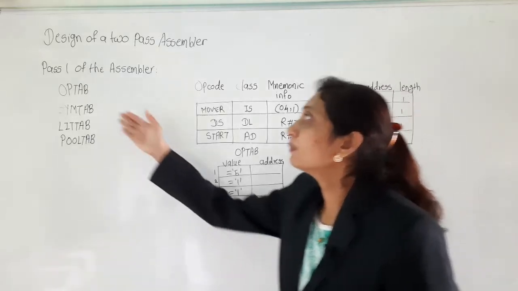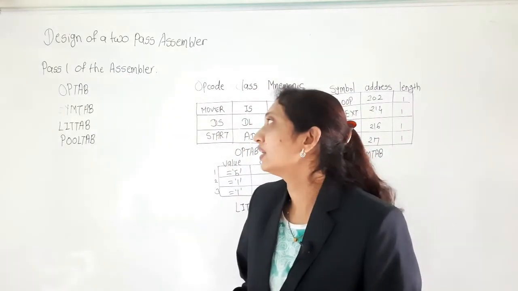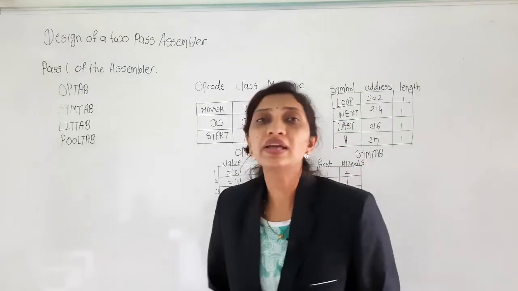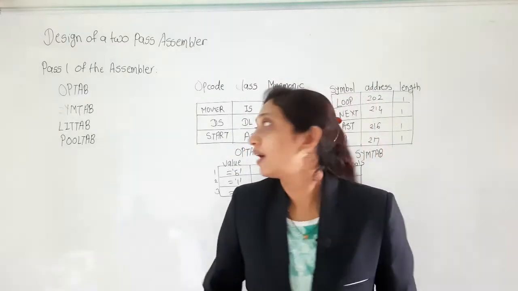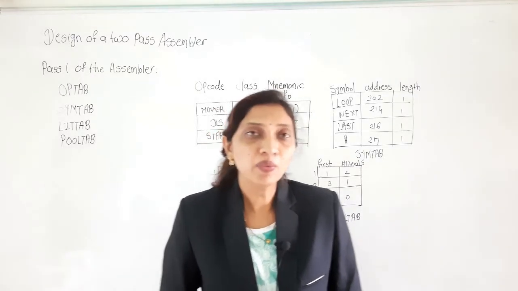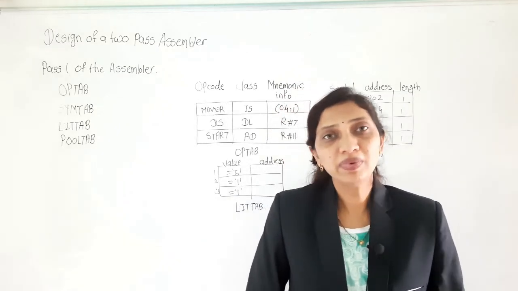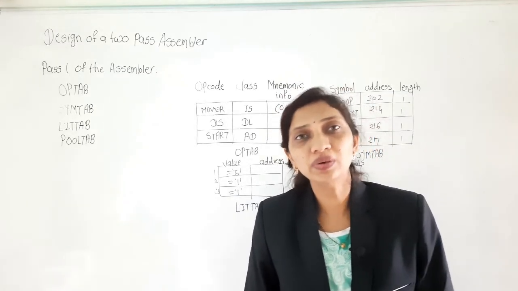In this way, pass 1 of the assembler uses these four data structures: OP table, symbol table, literal table and pool table. Now we learn about the next task, the intermediate code representation.